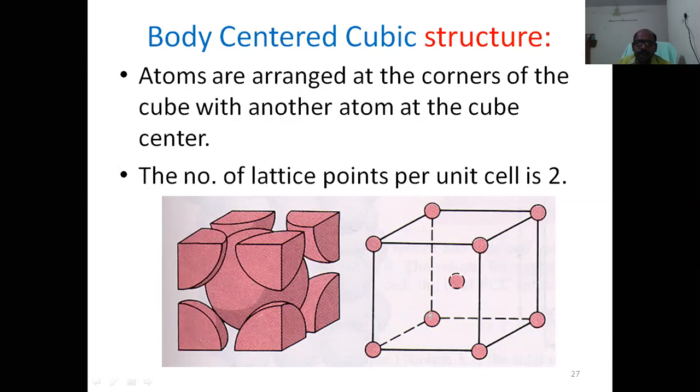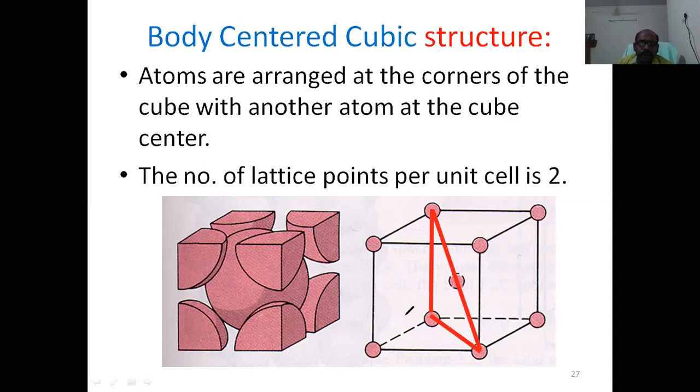There is another line, the vertical side edge of the cube, and this one is the face diagonal. I have drawn the body diagonal, which touches the center point and comes in this way.